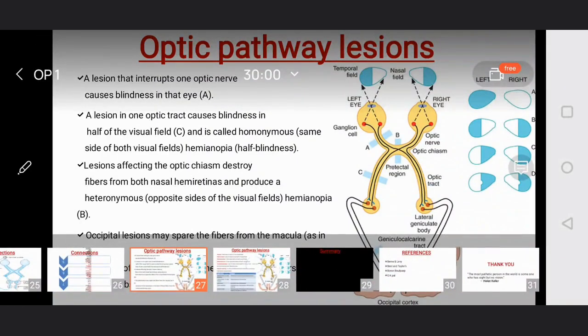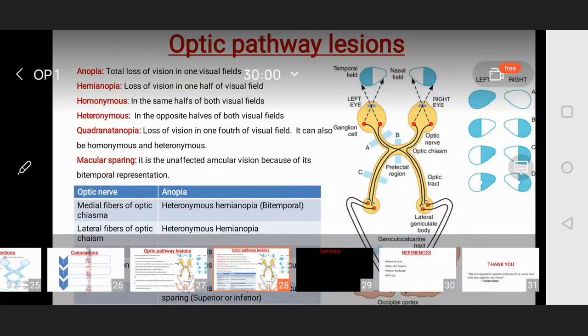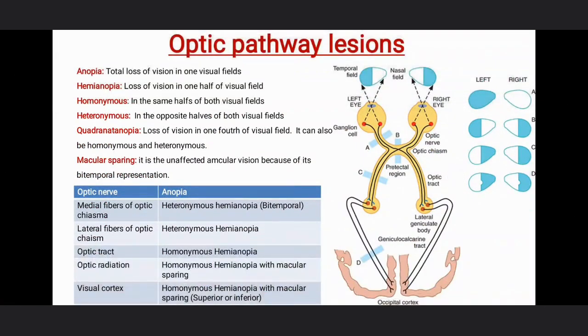And if we go into a bit more detail, the meaning of anopia is loss of vision, whatever may be the reason, maybe accident or injury. Hemianopia, loss of vision in one half of the visual field. Homonymous, same halves of both visual fields. Heteronymous, opposite halves of both visual fields.